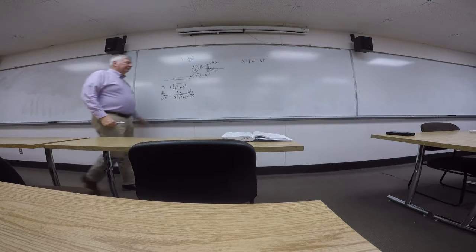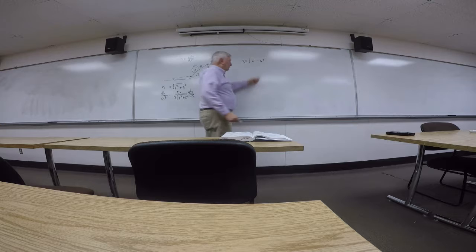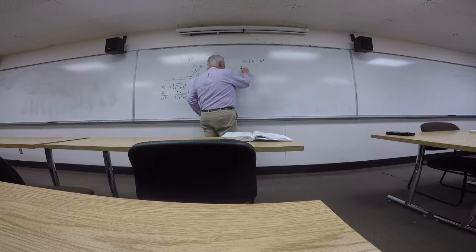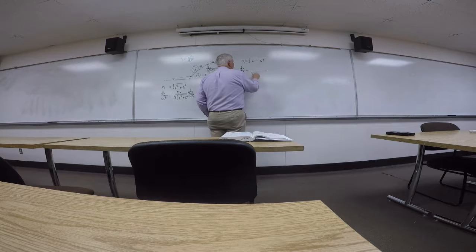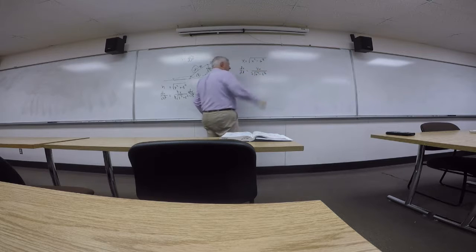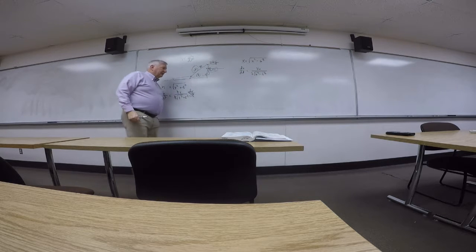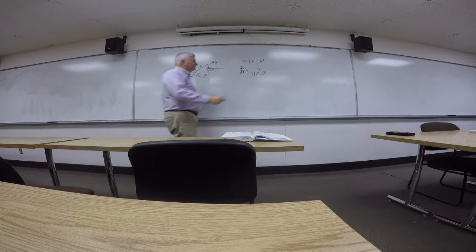So, finding this derivative, we get dx/dt, what we're looking for, is equal to 2h over 2 times the square root of h squared minus 6 squared, times dh/dt. I like that better.